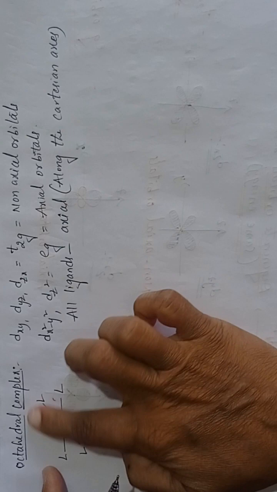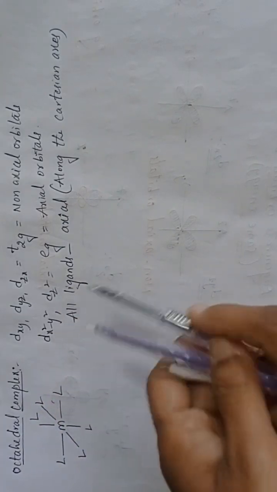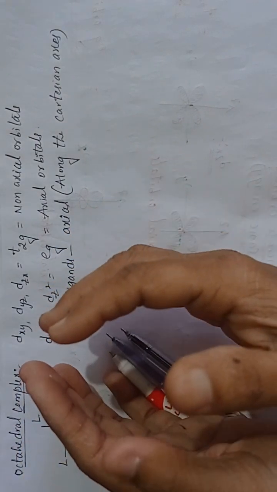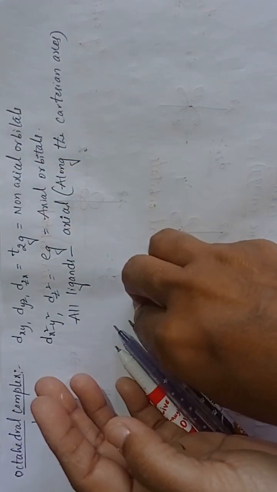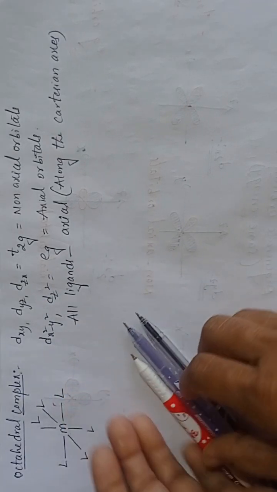In the ligands also, electron pairs are there. So whenever ligands come closer to the central metal atom, repulsions take place. Because of repulsions, what is happening?